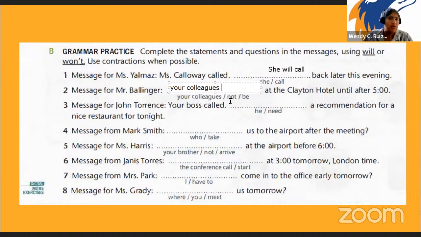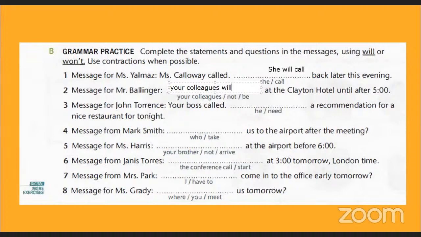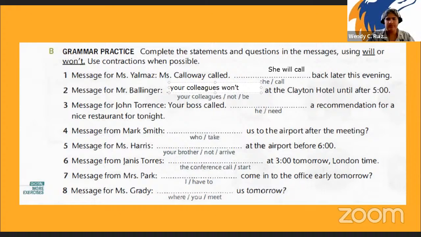Dice not. Entonces will not, your colleagues negativo. Pero no es will, es won't, not, won't. Your colleagues won't be at the Clayton. Entonces aquí podemos decir will not o won't be.